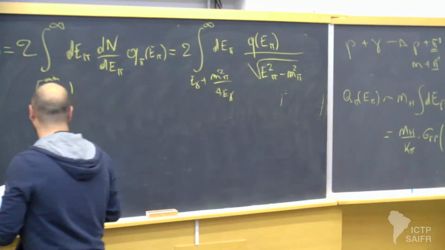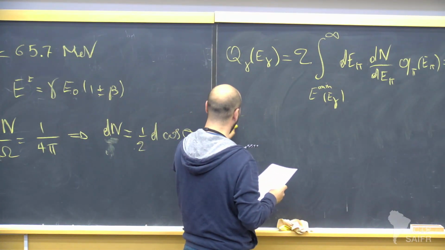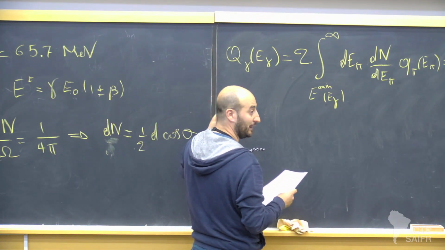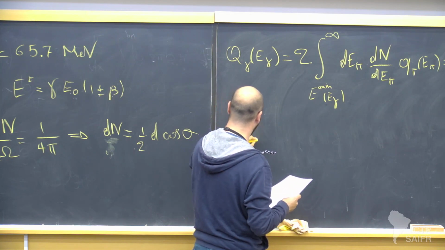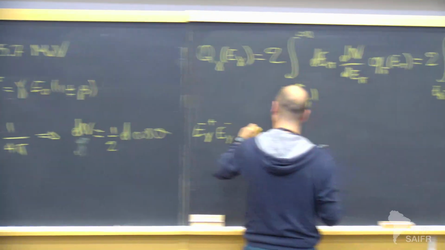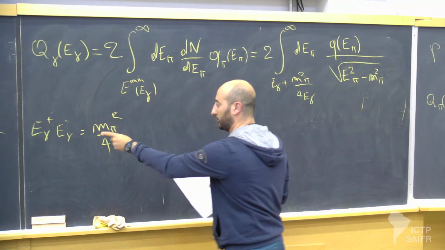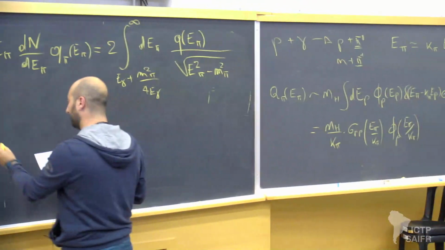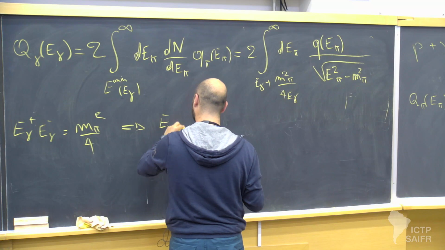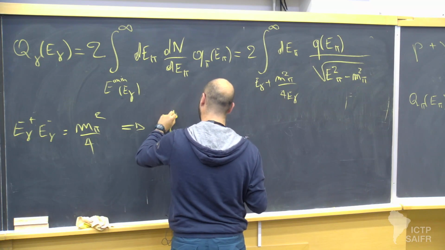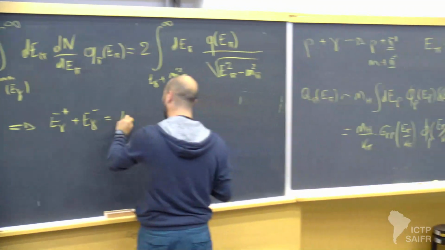Well, I told you that the energy of the photons emitted varies between a minimum and a maximum, and E gamma plus times E gamma minus is nothing but M pion squared over 4, because the square root must be 1/2 M pion. And the sum of the two, in the relativistic limit, E gamma plus plus E gamma minus, is nothing but E pion.